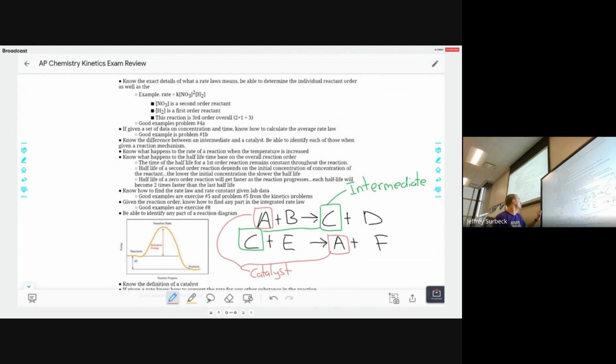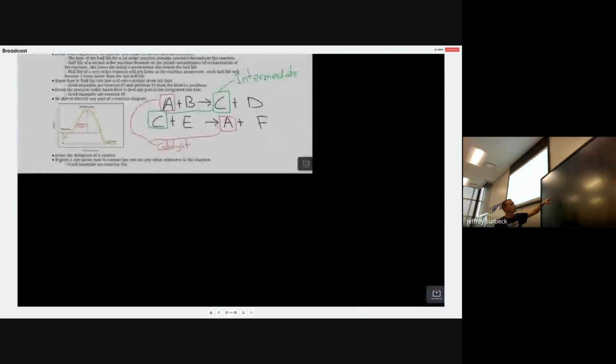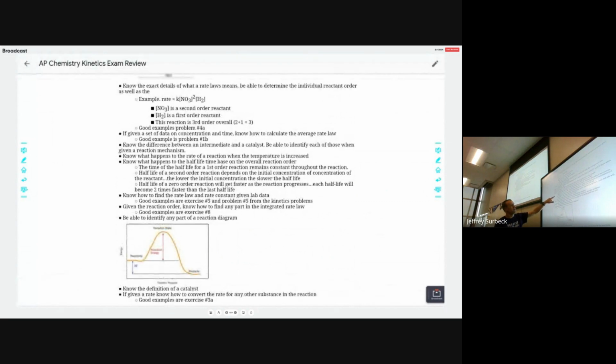All right, so keep going through here. Know the difference between an intermediate and a catalyst. Oh, we just did that. Know what happens to the rate of the reaction when the temperature is increased. Temperature goes up. Anybody take a guess what happens to the rate? Rate goes up. Temperature goes up, rate goes up. Okay.